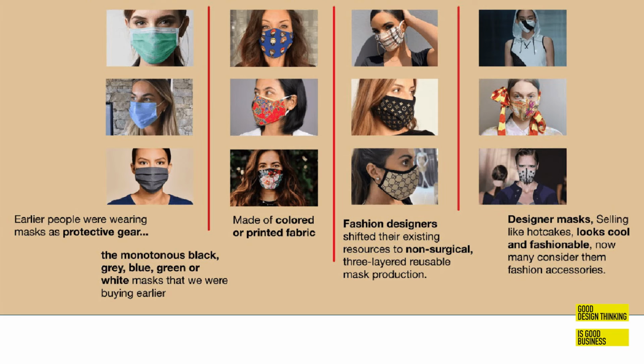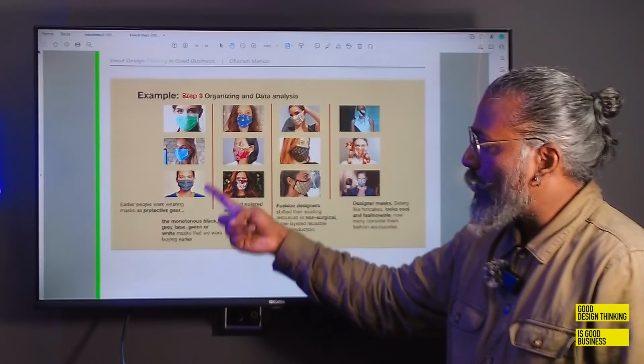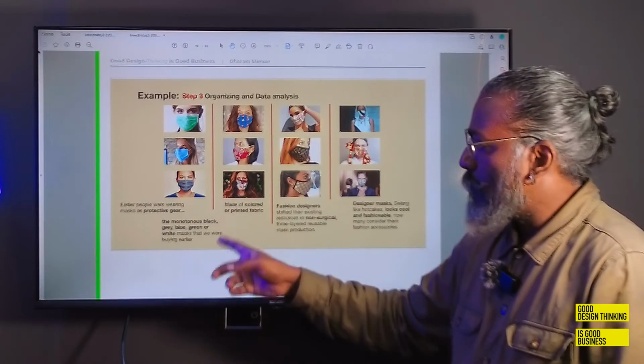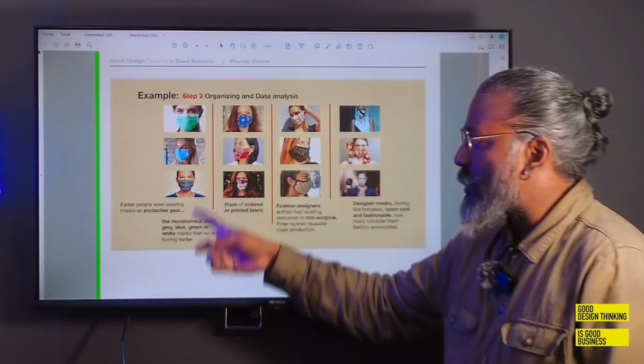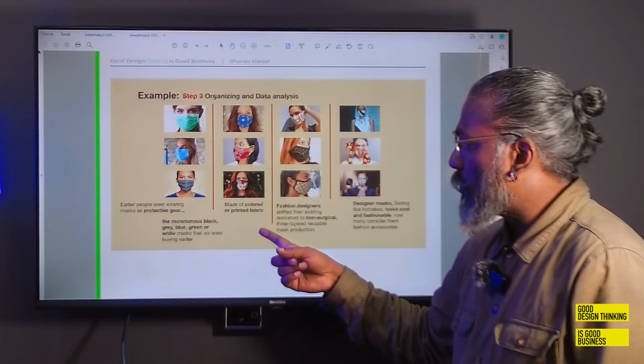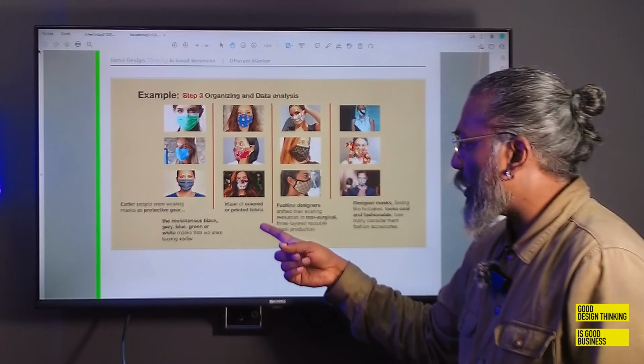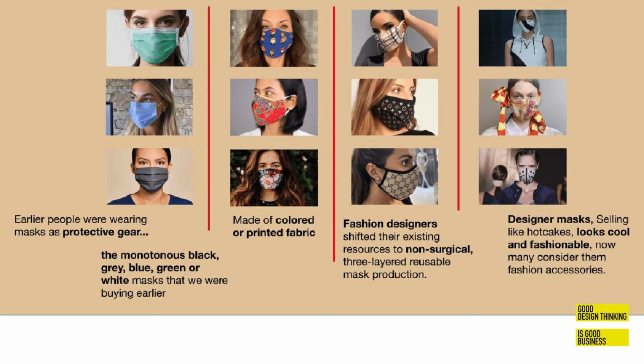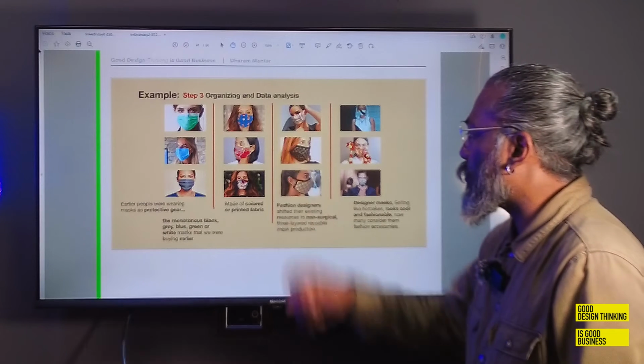One is much more medical masks, which are monotone black and gray and a green color. Then another bucket I saw was printed fabric with floral patterns or some kind of pattern.